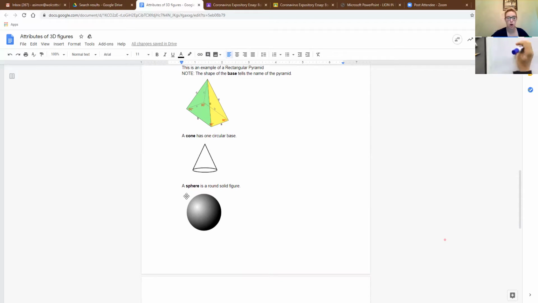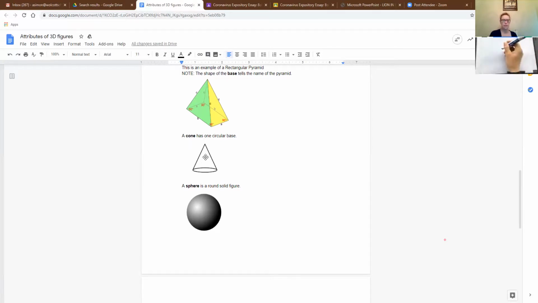What we notice about a cone that a cylinder does not have is that it has one circular base and one vertex. But it does not have any edges because, like the cylinder, it's a curved shape.